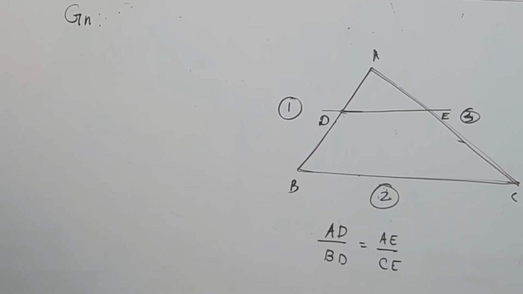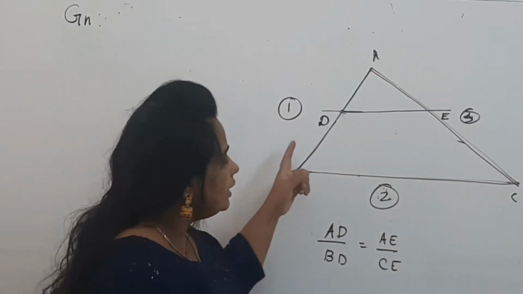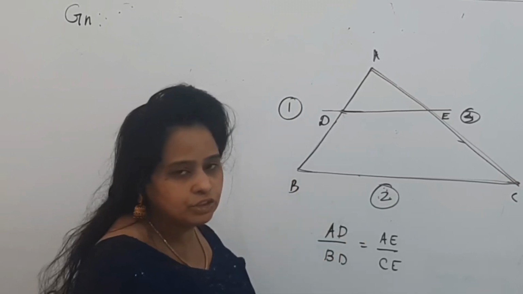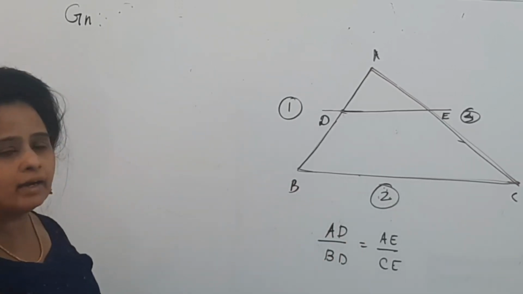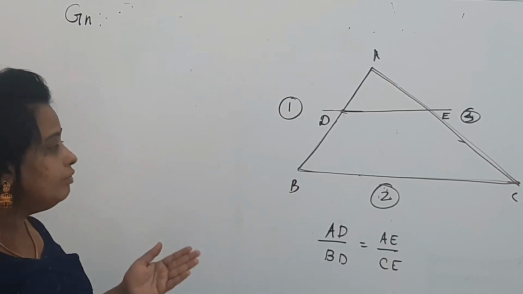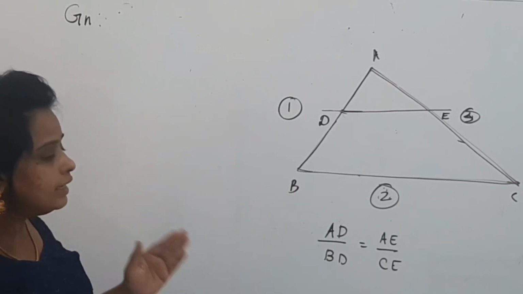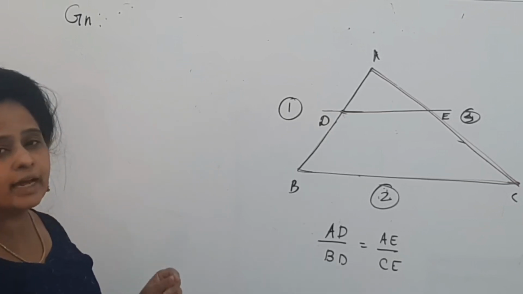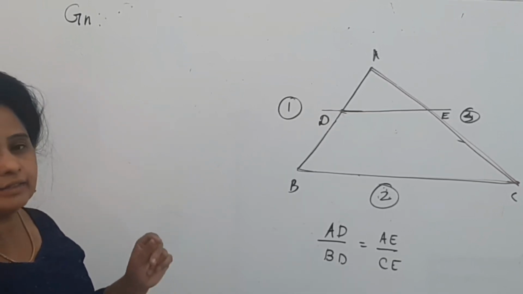Children, I read once more the statement. If a line is drawn parallel to one side of a triangle to intersect the other two sides in two distinct points, then the other two sides are divided in the same ratio.